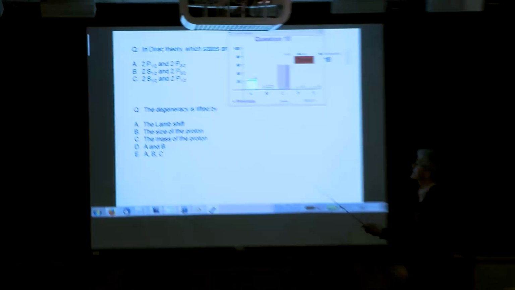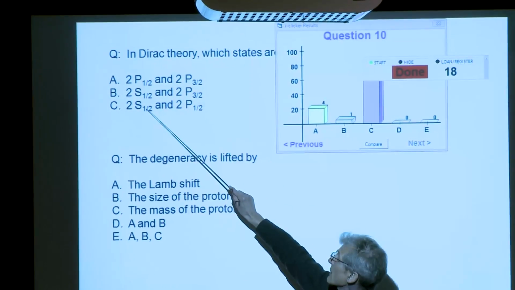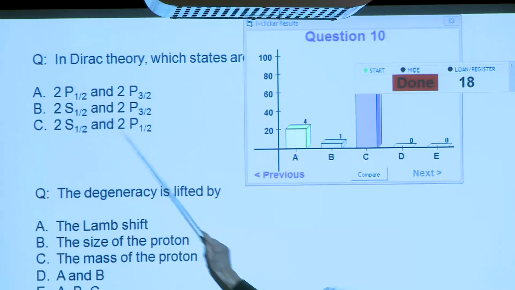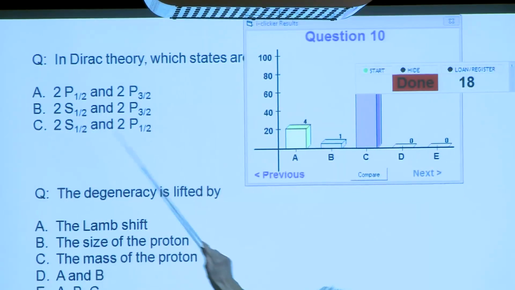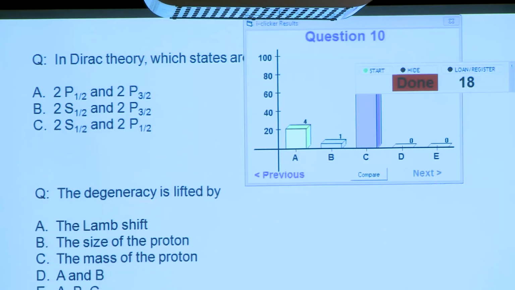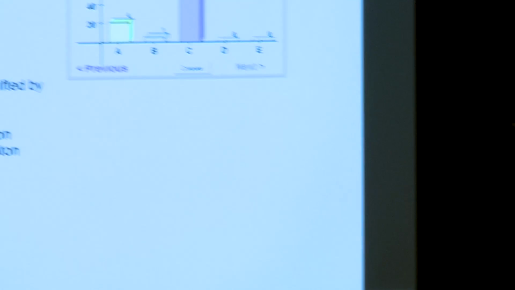Yeah, it's the S1/2 and P1/2. Dirac theory does not lift the degeneracy between states with the same J, 1/2 and 1/2. But between 1/2 and 3/2 states, there is actually the fine structure splitting, which we've just discussed.